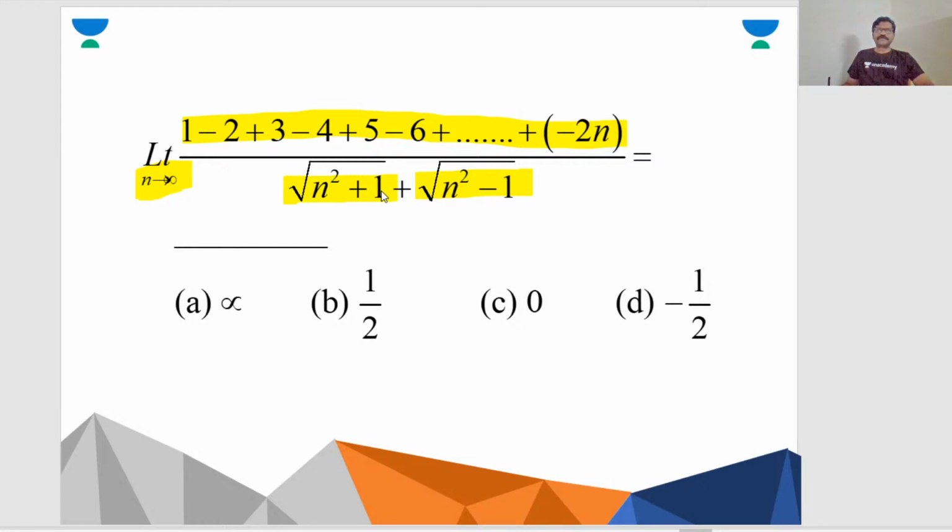Try this one. Limit n tends to infinite, 1 minus 2 plus 3 minus 4 plus 5 minus 6 till minus 2n.